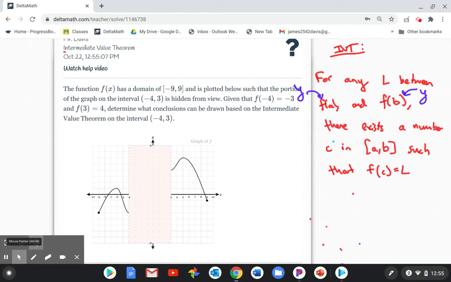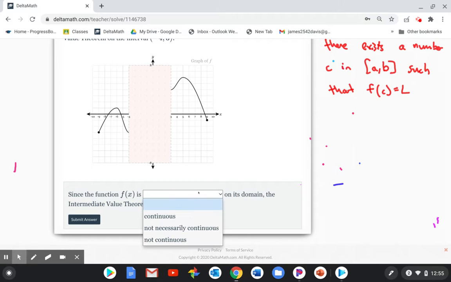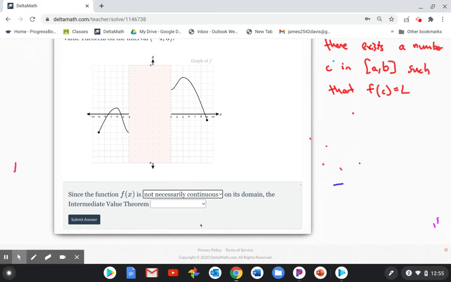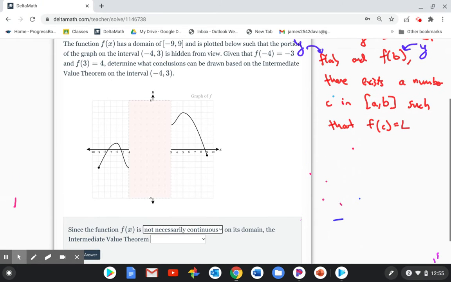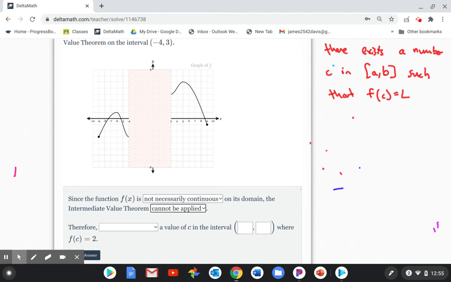So this one does not say continuous, meaning we can't necessarily apply the intermediate value theorem. Since the function is not necessarily continuous, we can't say for sure that it isn't continuous. It just doesn't tell us if it is or not. So we're going to put not necessarily continuous. The intermediate value theorem cannot be applied because we have to know for sure it's continuous if we're going to apply it.